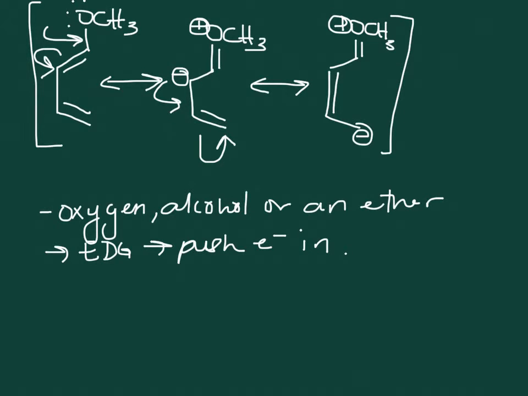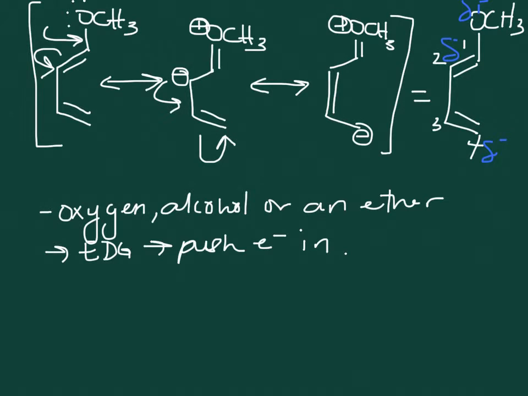What this means for the diene is that when we have an electron donating group, such as methoxy, at the 1 position, we have a partial negative at C2 and a partial negative at C4 and a partial positive on the oxygen.